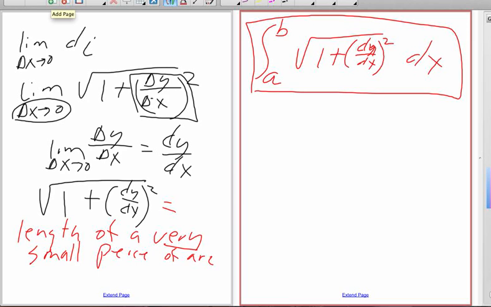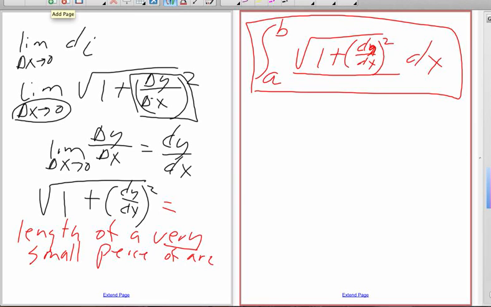I'm not so much interested in knowing how to derive this. However, what I am interested in is you understanding where this comes from. It comes from the distance formula, and then taking the limit as delta x goes to 0. Or, another way of looking at it, this is the length of a very, very small piece, and it would be a line.